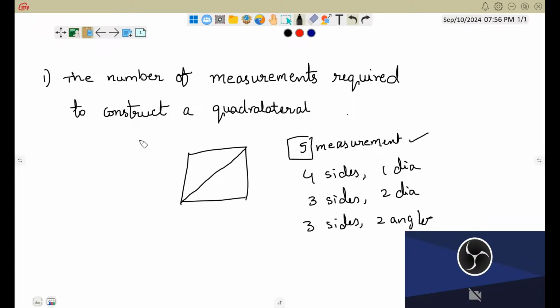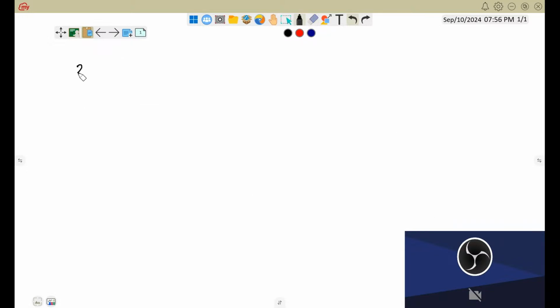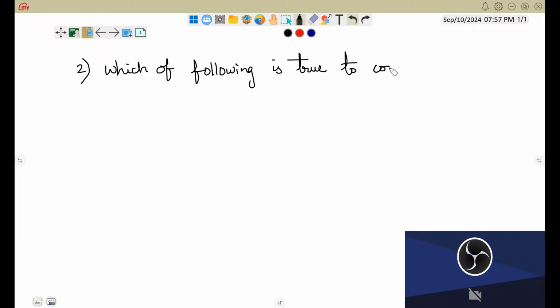Right. So, coming to the second problem. Is this problem okay to you? Right. Let us start with the second problem. Which of the following is true for constructing a quadrilateral?